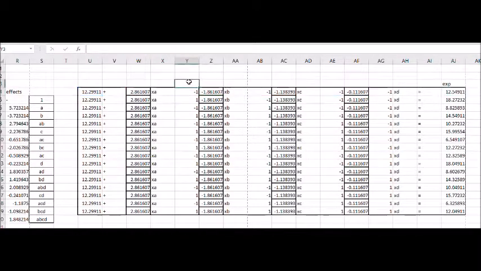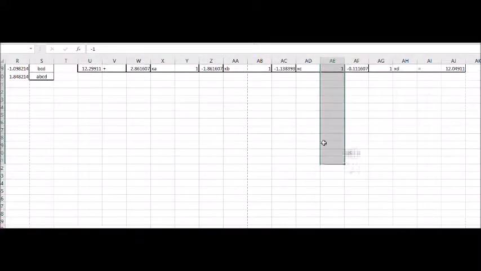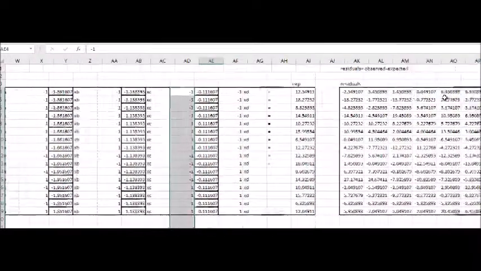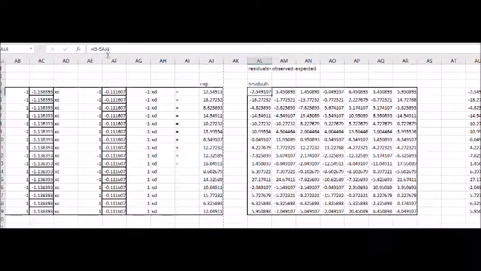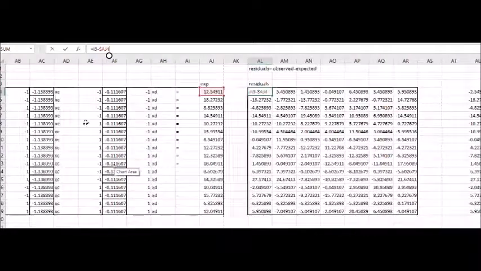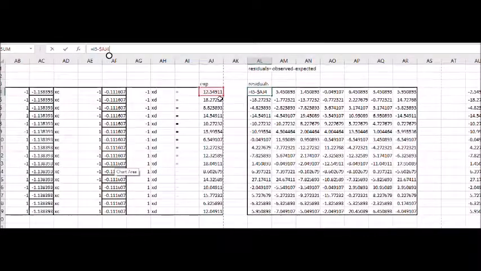So these are the signs of factor A, these of factor B, factor C, and factor D. So here is our table of residuals, obtained by subtracting observed minus expected from the solved equations.